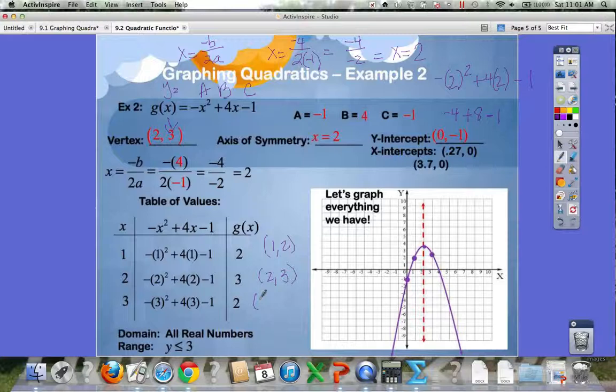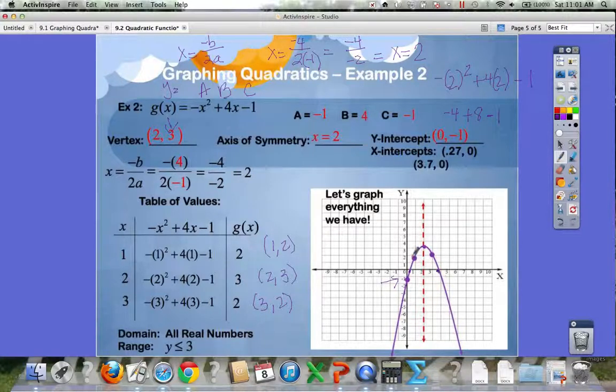When I plug in a 3, my ordered pair becomes (3, 2). These are points that you can go ahead and graph. So (1, 2), (2, 3), which was my vertex, and (3, 2) are the points that are on here. Again, this is your y-intercept, this will be an x-intercept, this will be an x-intercept, and these are your other points.